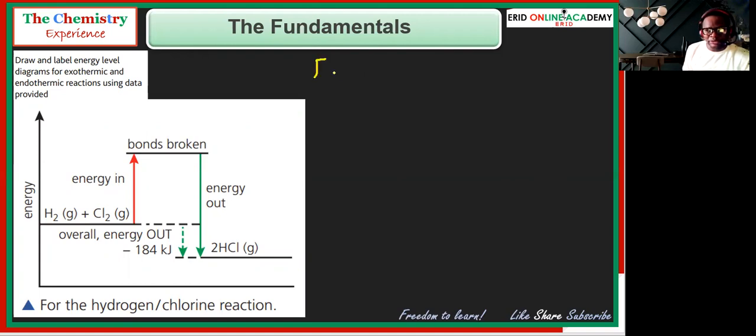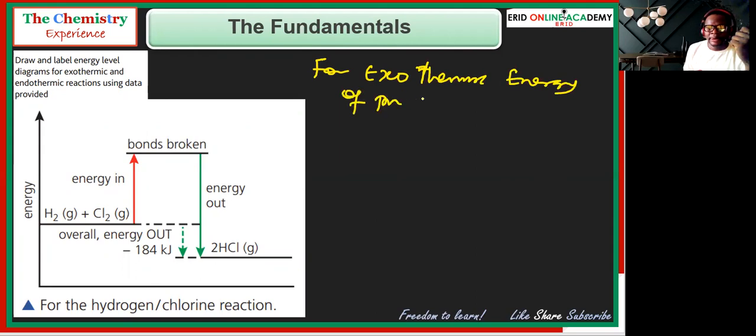For exothermic reaction, the energy of product is usually lower than the reactant.